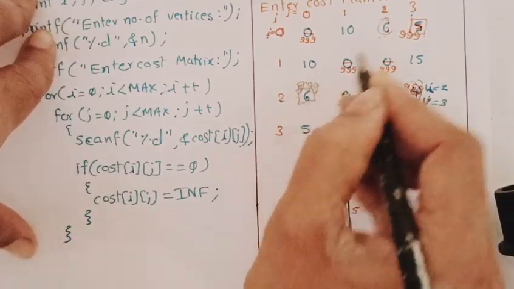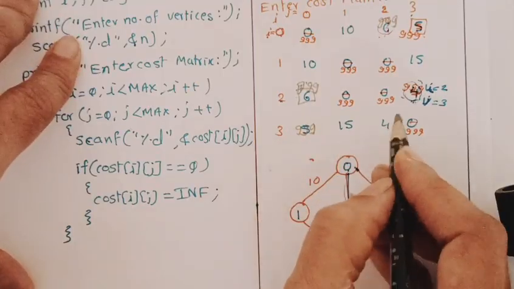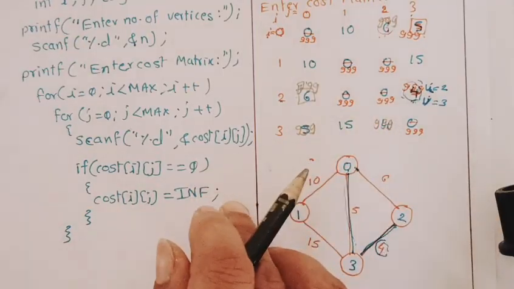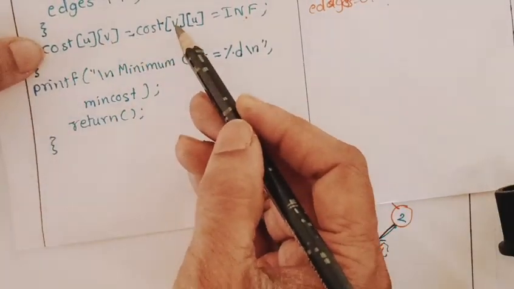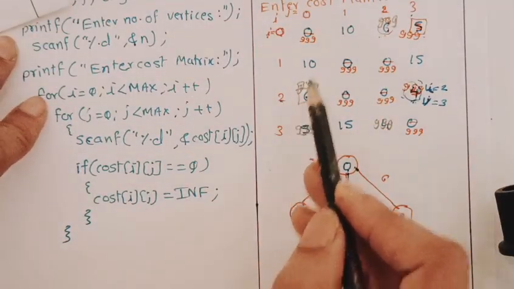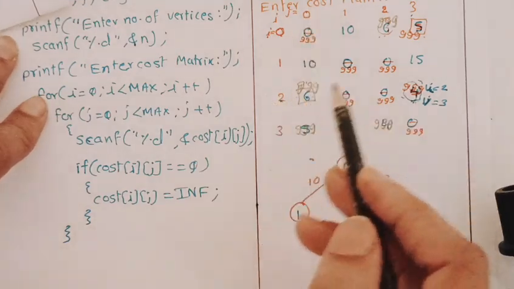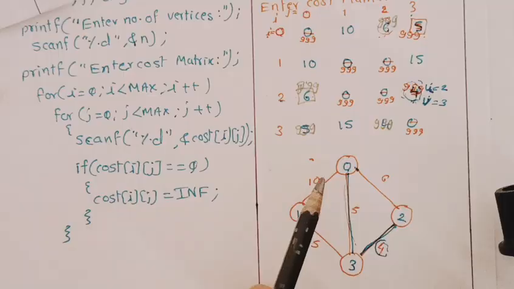INF means 999. This one also becomes 999. So see here, we are changing cost of UV equal to cost of VU. Both values are changing to INF, UV and VU. This one 6 and this one VU. Okay, both values you have to change here.